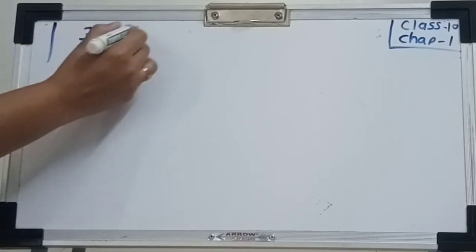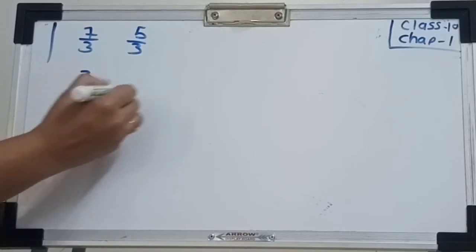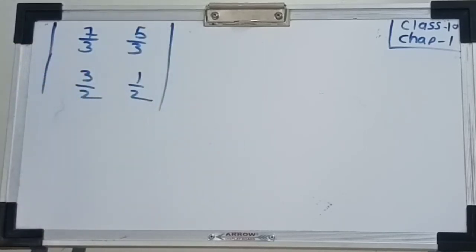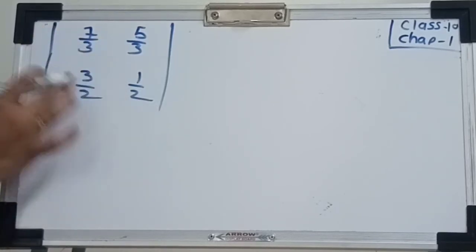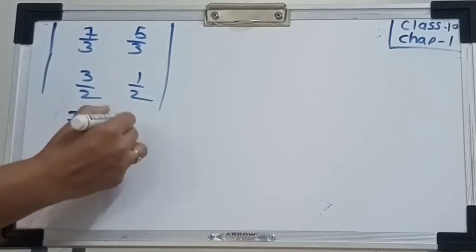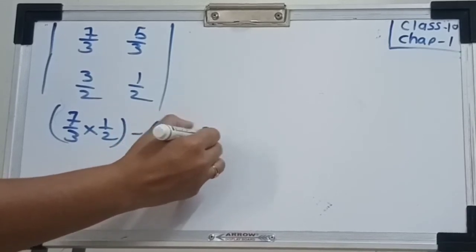7 upon 3, 5 upon 3, 3 upon 2 and 1 upon 2. This is also not difficult. We only cross multiply. 7 upon 3 into 1 upon 2 minus 5 upon 3 into 3 upon 2.